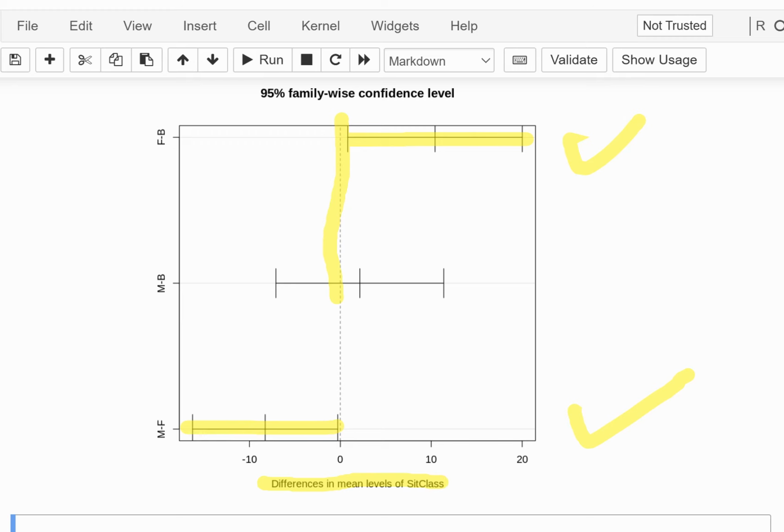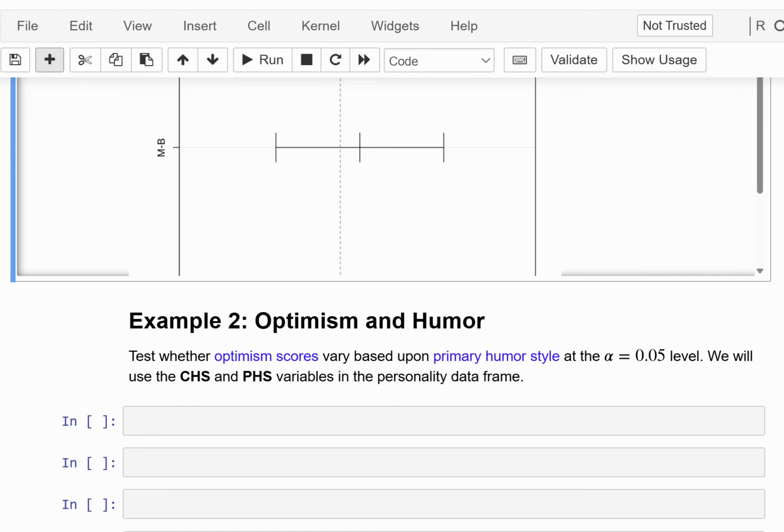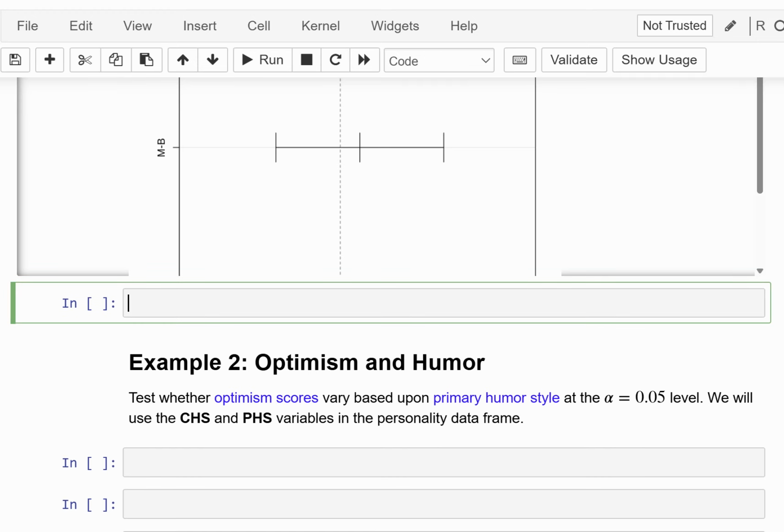Okay, so what does that tell us? Okay. And the best way to write this, you'll see a lot of different people doing it a lot of different ways.